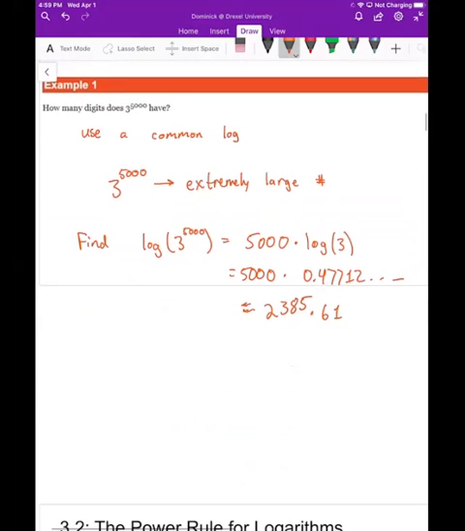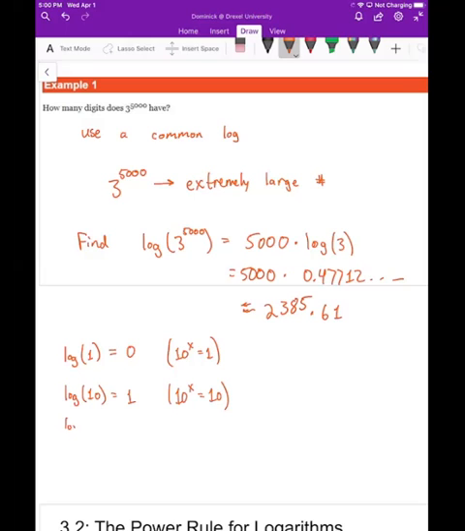Let's think about this for a second. If I have a common log of 1, we know that that's 0, because that's saying 10 to what power gives me 1, and of course that means x is 0. If I want log of, say, 10, that's 1, because 10 to the x is equal to 10.